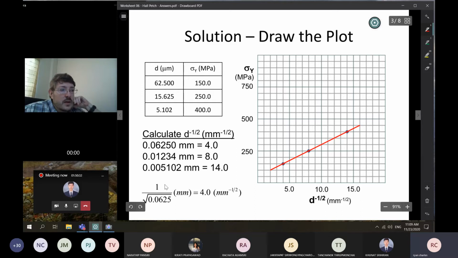So here we have 1 over the square root of d. Now, if this is millimeters to the minus 1/2, and this is microns, you should convert it to millimeters. That would be typical.